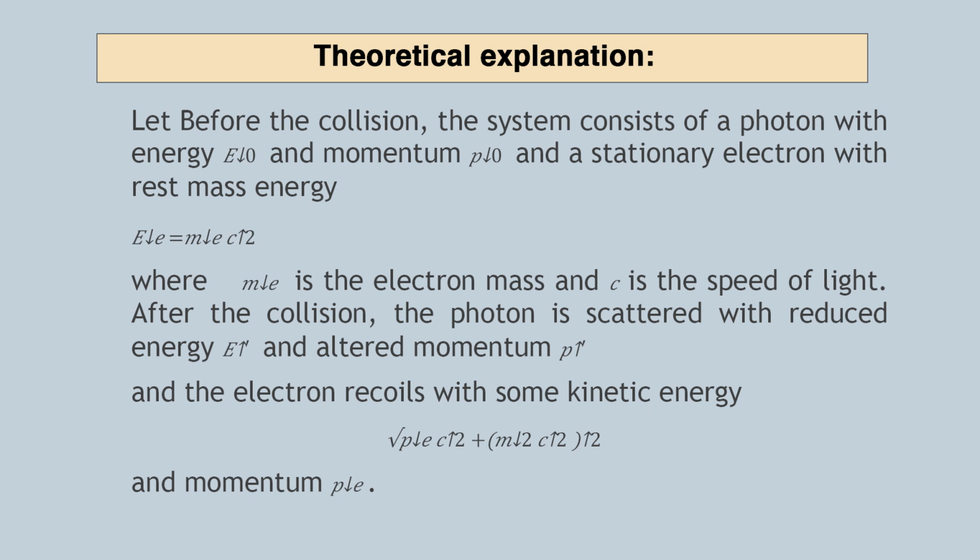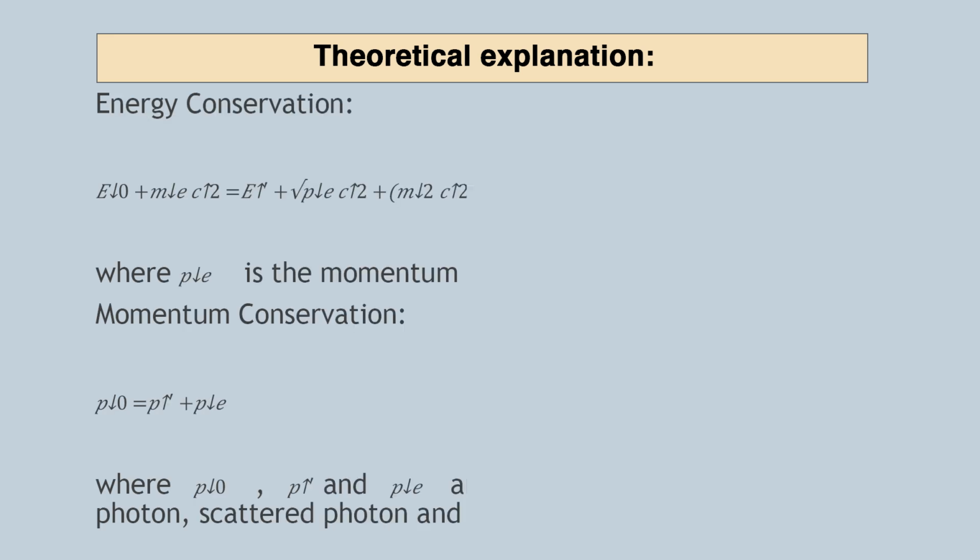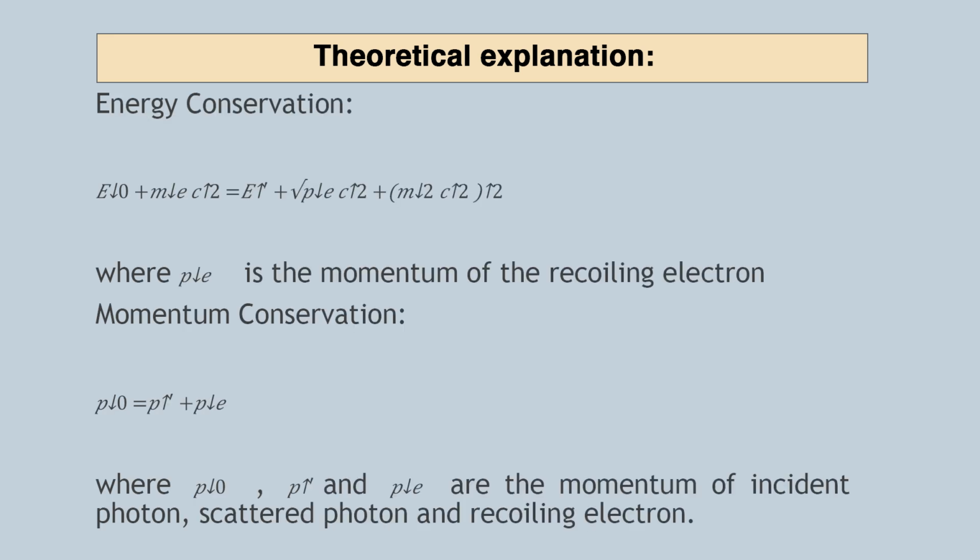After the collision, the photon is scattered with the reduced energy E dash and altered momentum P dash, and the electron recoils with some kinetic energy, square root of (p_e c) squared plus (m_e c squared) squared, and momentum p_e. The energy conservation in this process is given by the following equation: E0 plus m_e c squared is equal to E dash plus square root of (p_e c) squared plus (m_e c squared) squared, where p_e is the momentum of the recoiling electron.